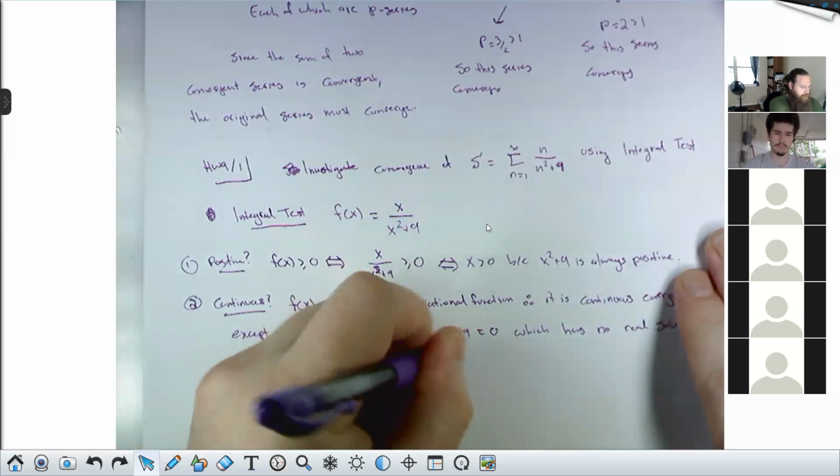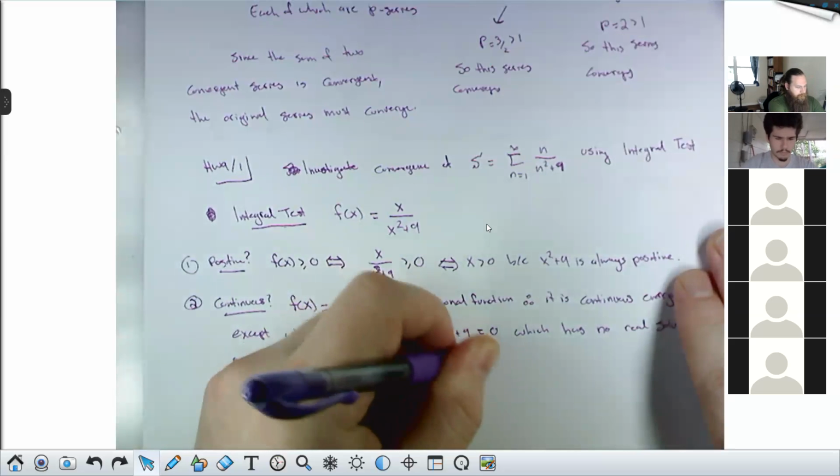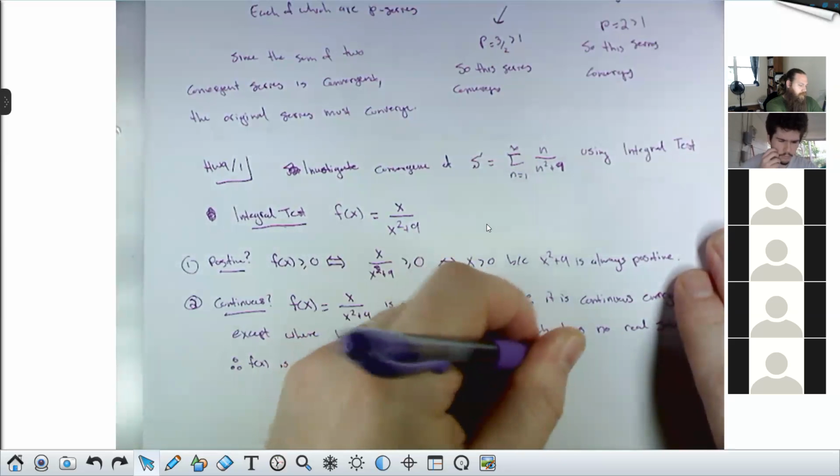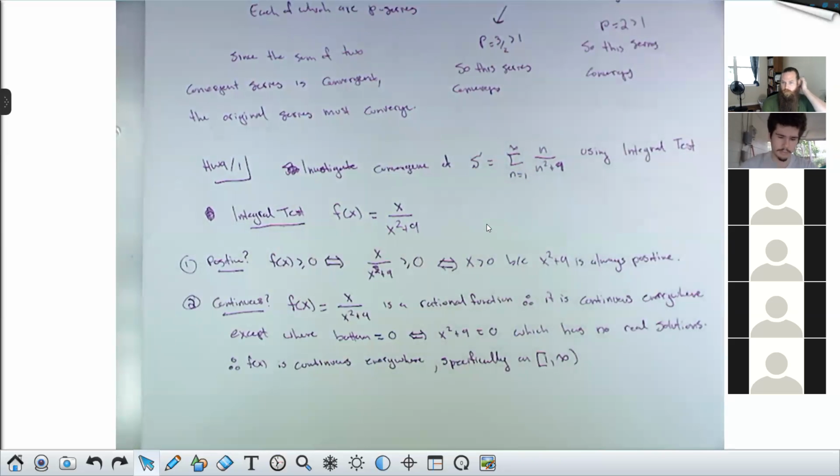So I'm going to say specifically on 1 to infinity. Yeah, the interval in question here is the interval from 1 to infinity because that's where we're summing from. That's where we'll be integrating. As long as we don't have any discontinuities there, we would be happy. You can have a discontinuity somewhere else. If you got a discontinuity at 0 or -5 or 1/2 or 0.7, that would be fine too.